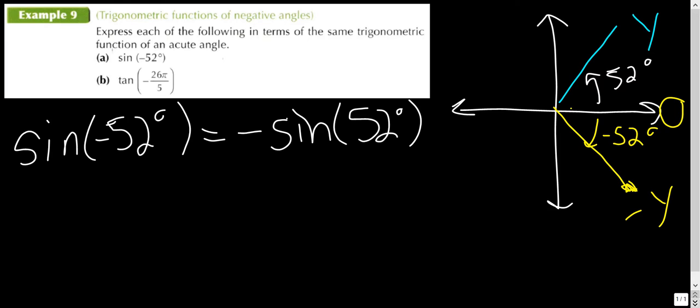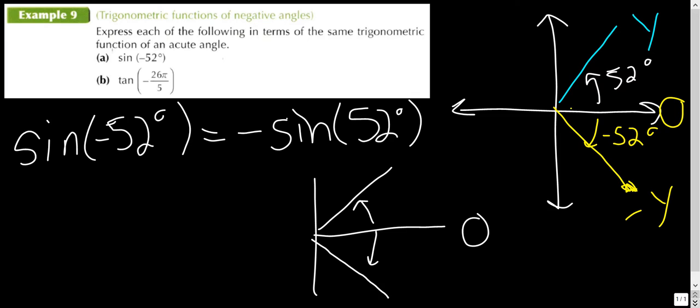Because if we start at 0 and add 52, or subtract 52, look at what the y-coordinates are doing. They're opposite of each other. So we can always count on that. And since 52 was small, we could do that very quickly. So that is our final answer there.